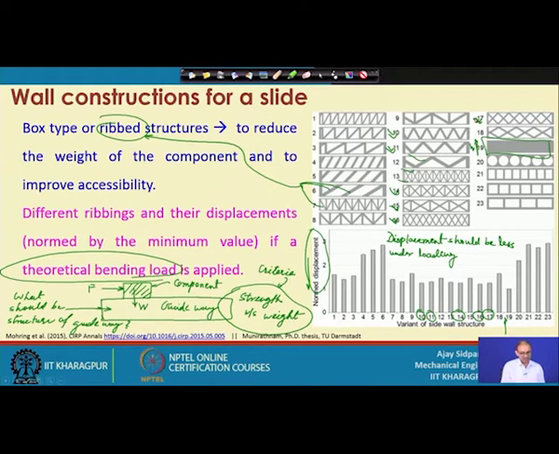So, you can select any of these structures depending on the availability of the machine tool or the processes which can fabricate this type of structure, because mostly you create 2 bars and then you weld it, that is one of the options. Then another way you can do casting also, by which you can make this type of structures. So, in this way you have to find out which one is the optimum design for a strength to weight ratio, so that you can get the required result without any sacrifice.